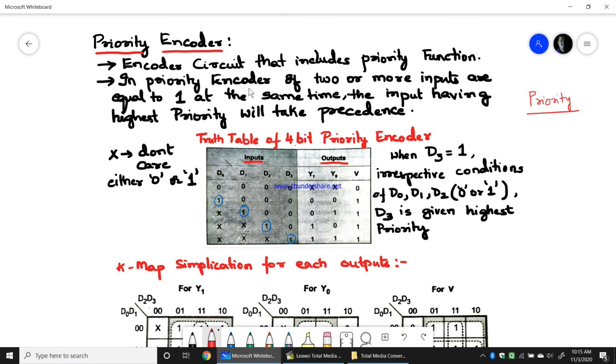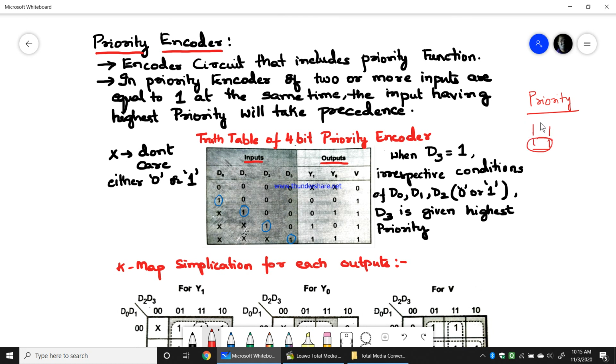what we see here is, in priority encoder, if 2 or more inputs are equal to 1, if I have more than one input as 1, then I should give priority such that any one input will be selected. It means when 2 inputs are active at a time, my job is only to take any one input.